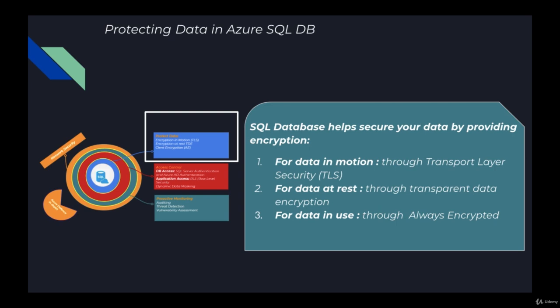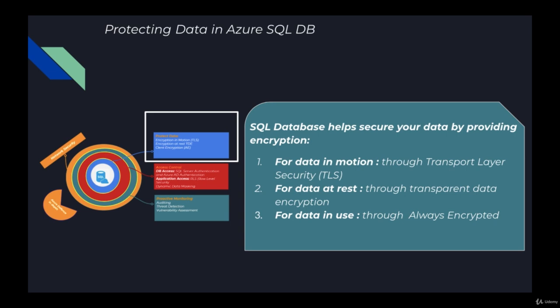Always Encrypted, or client encryption, allows the clients which are accessing the SQL databases to encrypt the sensitive data inside the client application only, and never reveal the encryption keys to the database engine or your SQL server. This is because database administrators or other privileged users who are authorized to access the database to perform management tasks or troubleshooting do not have any business need to access a particular piece of data in an encrypted column.